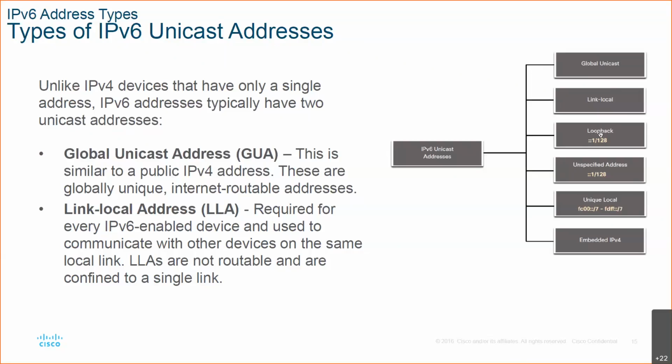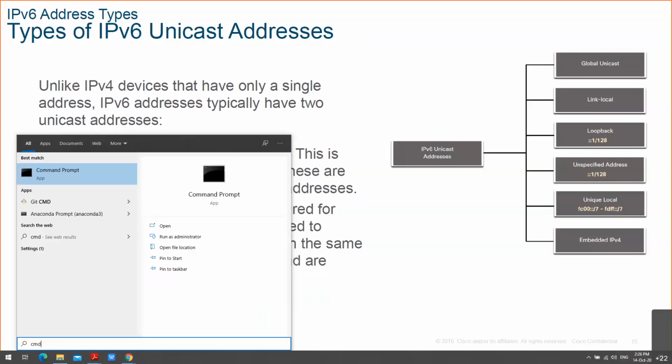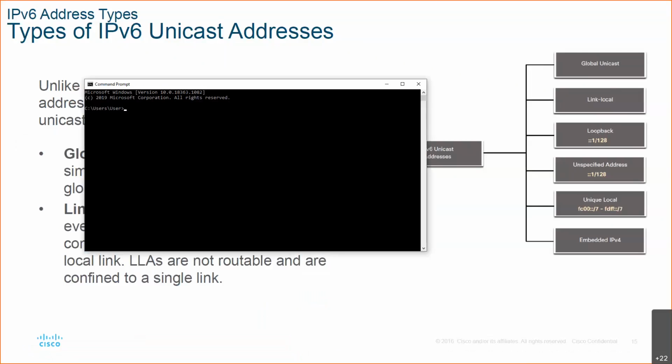So you see, I can just go and open my command prompt. I can just type ping ::1. You see, because that is my loopback address. This will ensure that my TCP/IP is working.